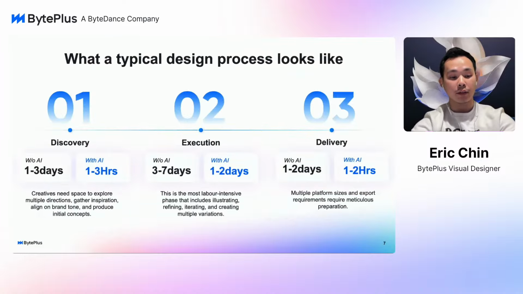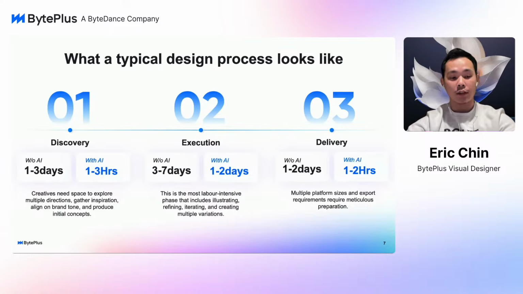Let's take a step back and look at a typical design process. In discovery, traditionally it would take 1 to 3 days. There's lots of visual research, sketches and mood boards. With AI, it can be compressed to maybe just 1 to 3 hours.